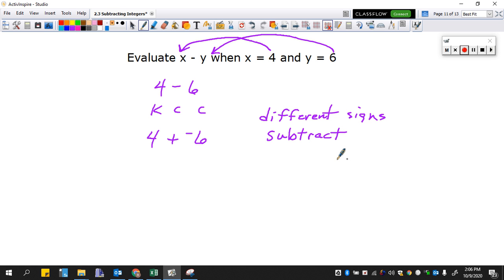So 6 minus 4 is 2, and give the sign of the largest number. And when I say the largest number, I mean the number that has the largest absolute value, which in this case is a negative, so the answer would be -2.